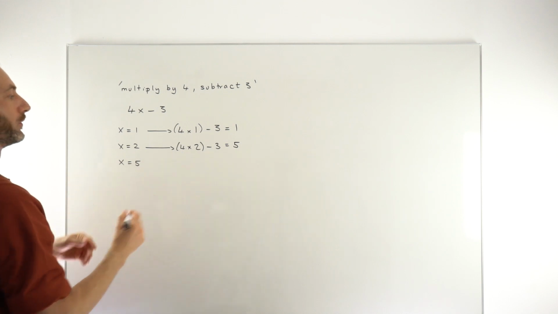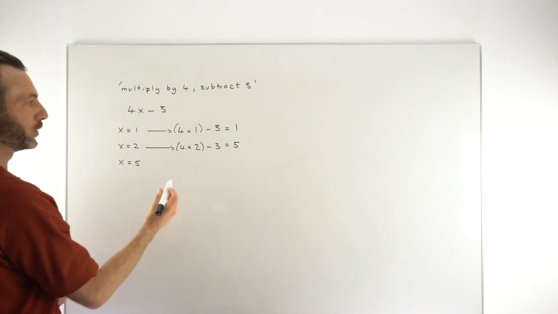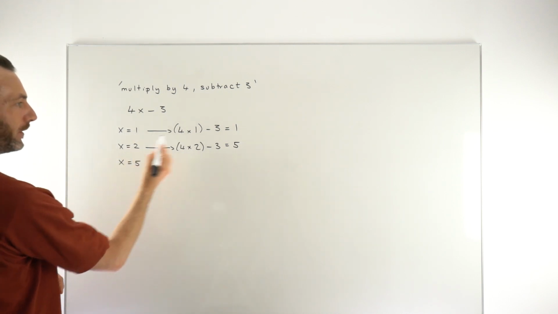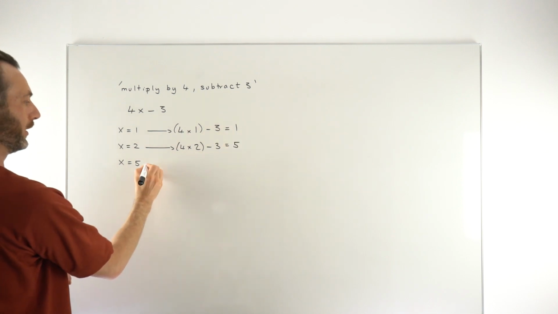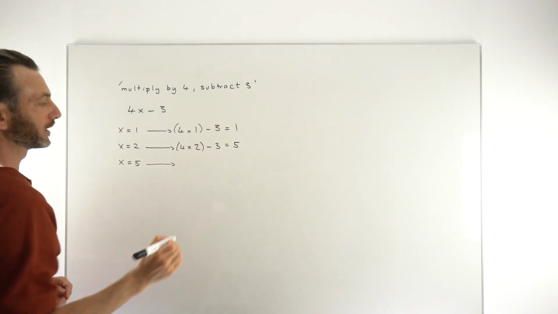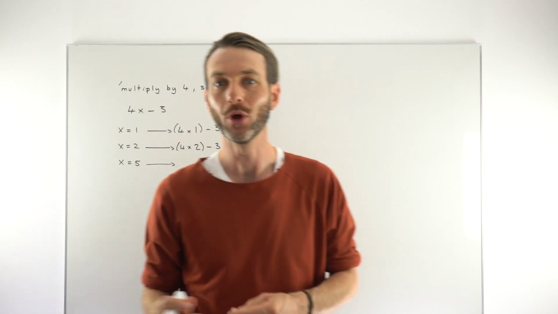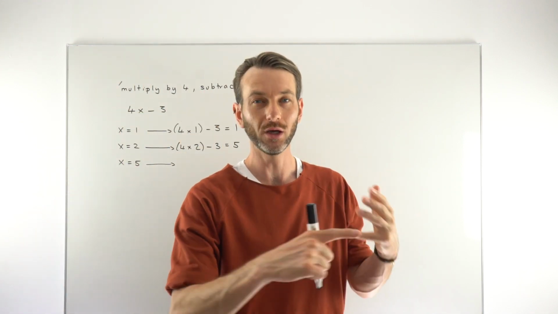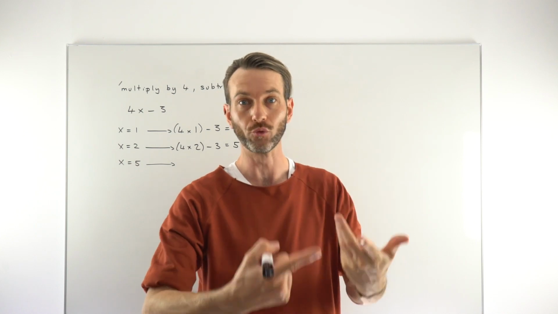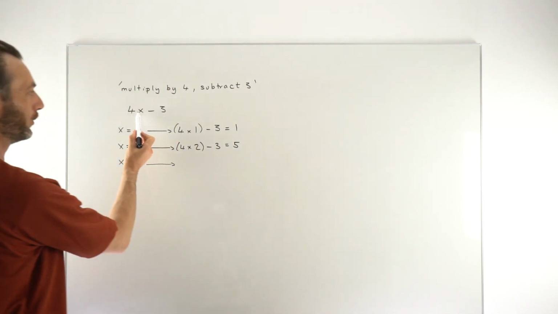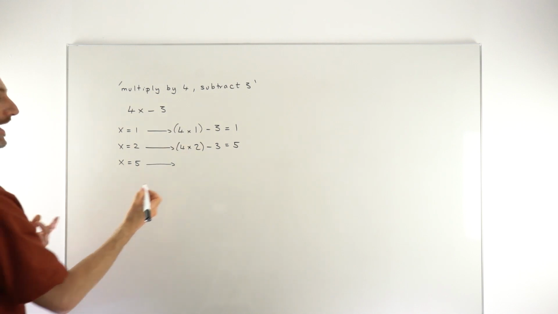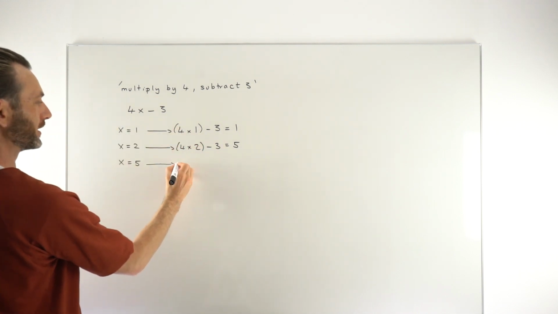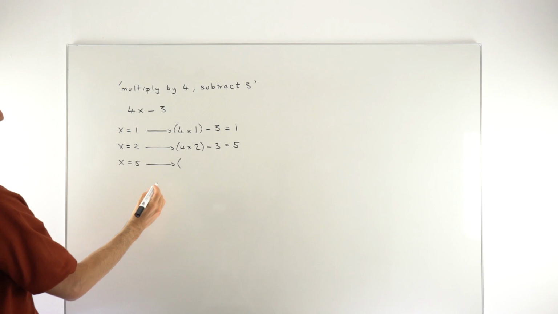So this is an example of using an algebraic formula. We're using the formula to input these values and get output values on the other side. Some people like to think of formulas as input-output machines. It's not the worst way to think of it. You put some number into the formula, it performs the rule, in this case multiply by 4 and subtract 3, and then it spits out a number on the other side, like some kind of algebra machine.